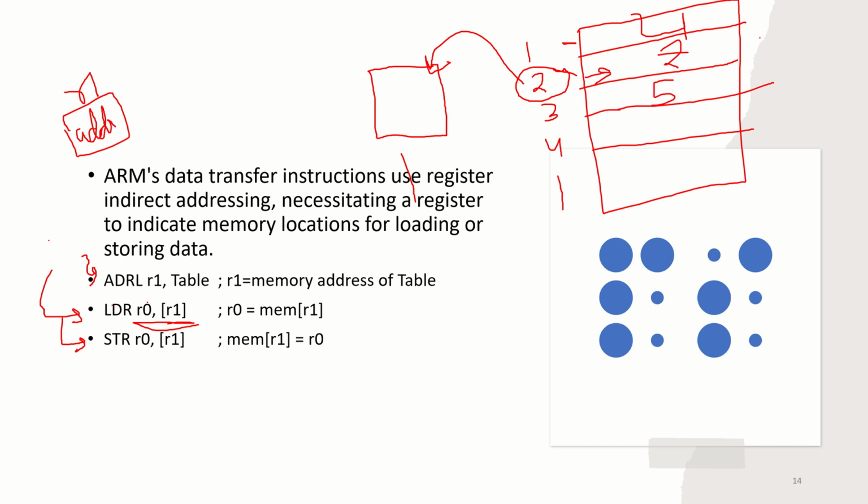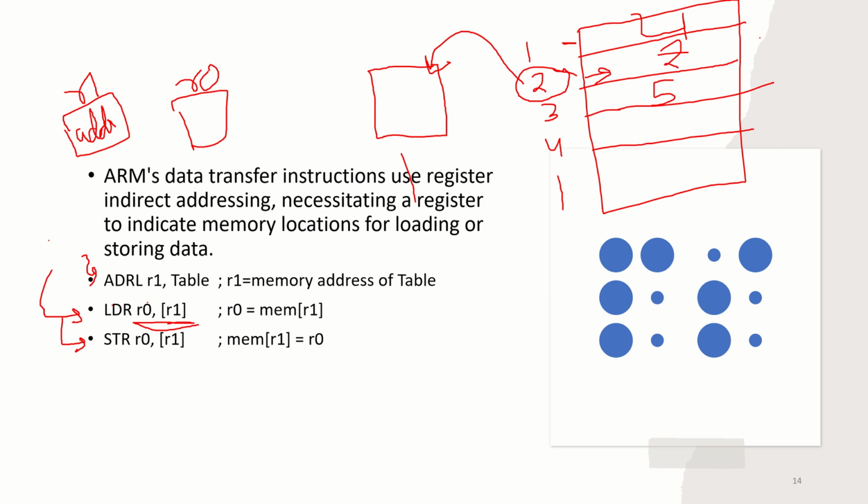In LDR, the register R0 is loaded with the content which is stored in the memory. LDR, load register: the register is loaded with the content which is present inside the memory.